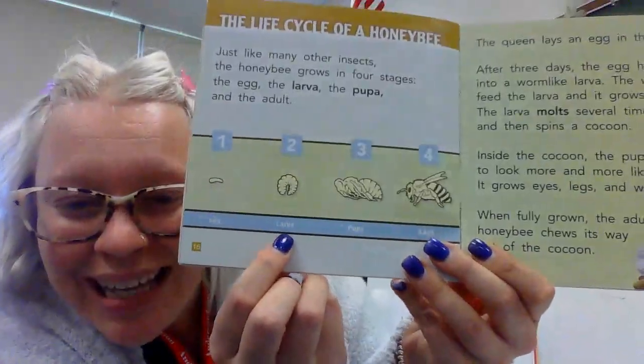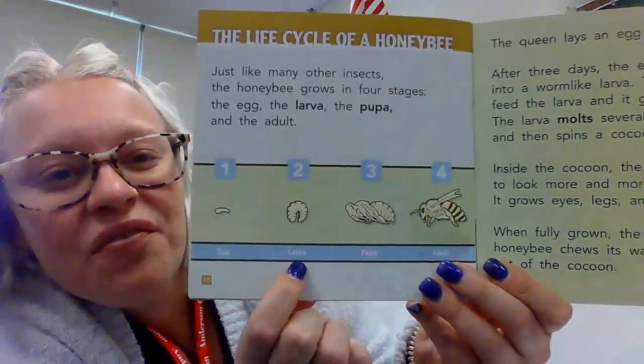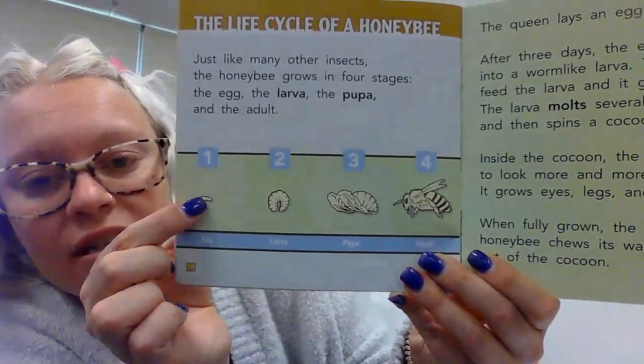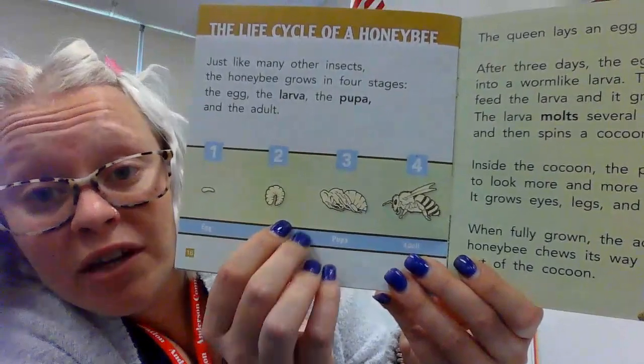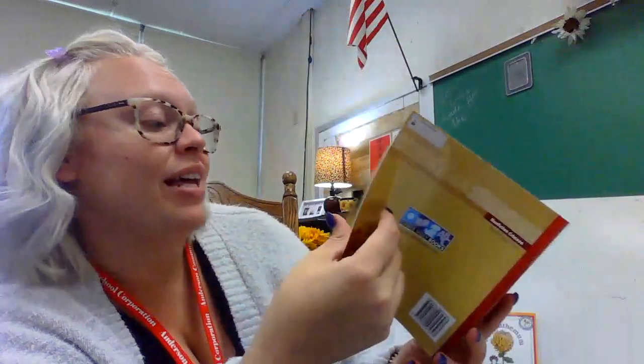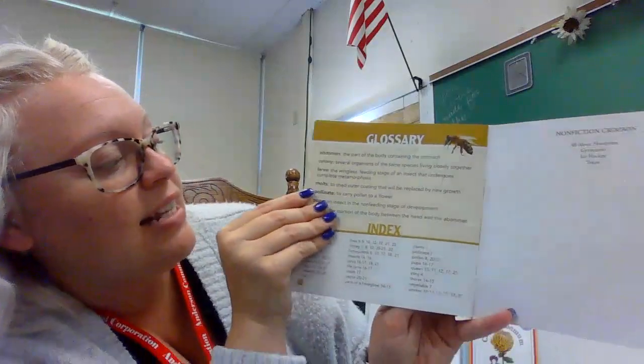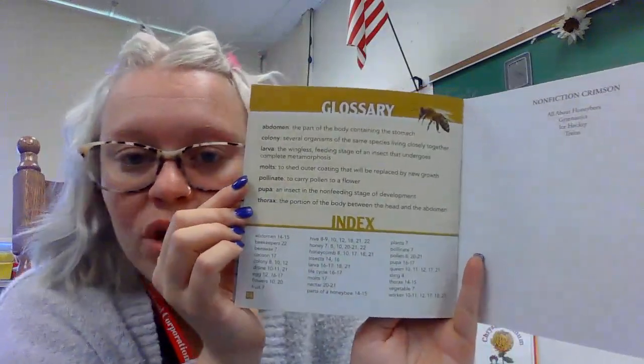Okay, so we talked about larva, and it's when the bee is at the second stage of its life cycle. So it starts as the egg, then it goes to the larva. And remember, the larva is the wingless feeding stage of an insect that undergoes complete metamorphosis. So metamorphosis is like a change. It goes through a big change.